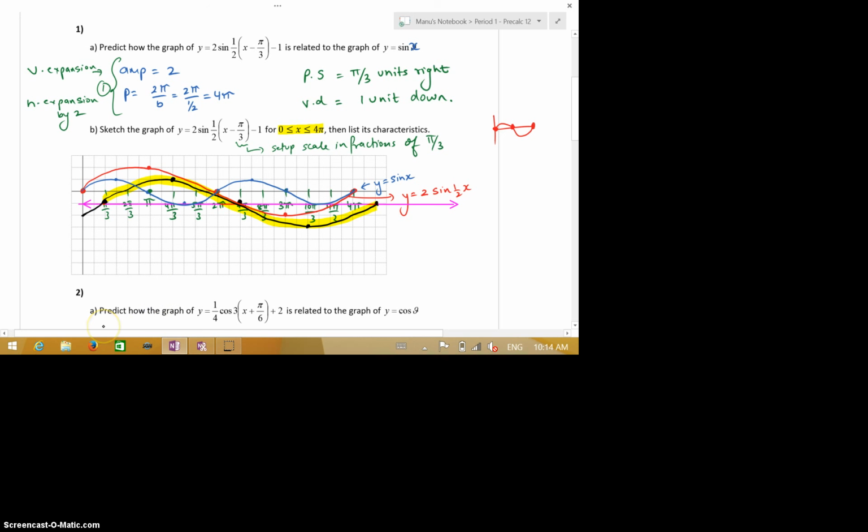Right? Would have done that to try and fill in the gap. And this final graph over here is now the graph of y equals 2 sine 1/2 x minus pi over 3, and then minus 1. Okay, that's what the graph is.